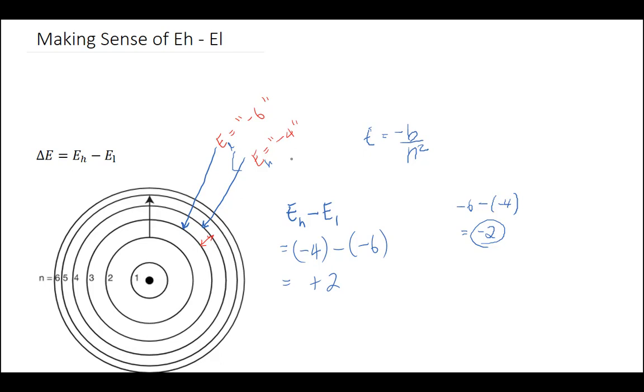And so what we want to do is take the higher one, -4, and subtract the energy of the electron at the lower level, -6, and you can see there we get +2. And that's really what we're looking for. We're just looking for that energy difference between those two shells.